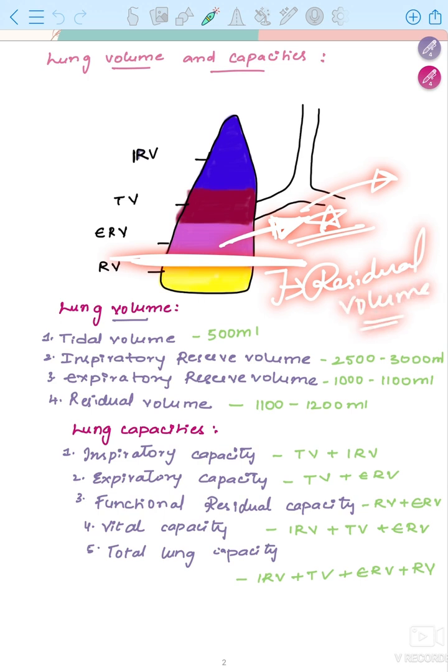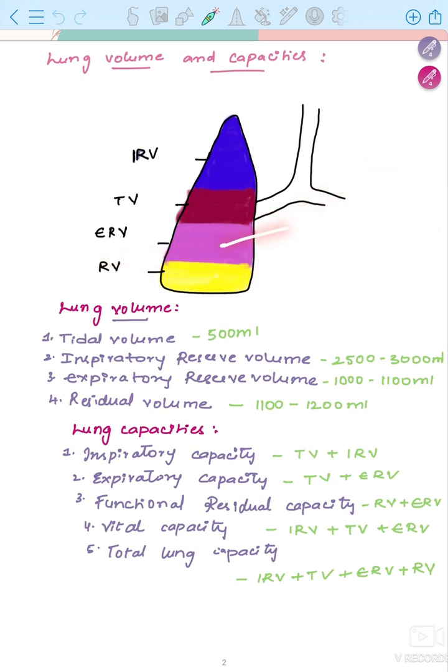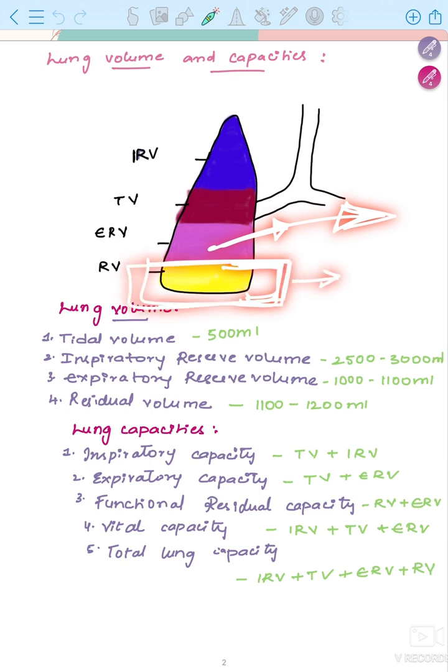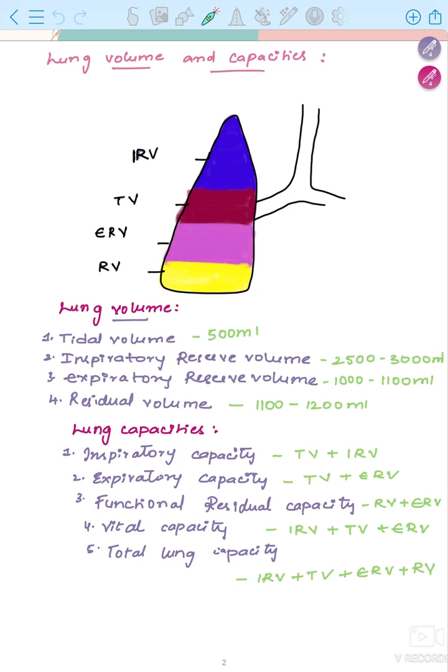No matter how forcefully you expire, some amount of air will remain in the lung. If no air is present, the lung will collapse and we will die. That is why some amount of air is always present in the lung.